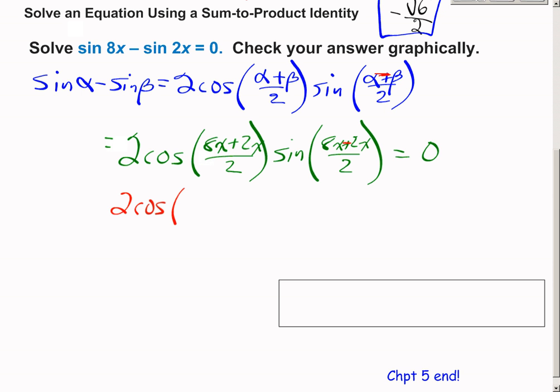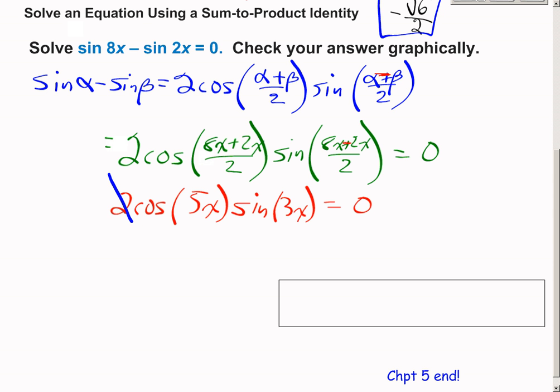So we have the 10x divided by 2, or 5x here, and the sine of 8 minus 2 is 6x divided by 2, which is 3x, equals 0. We can next divide each side by 2 to just get rid of the 2.